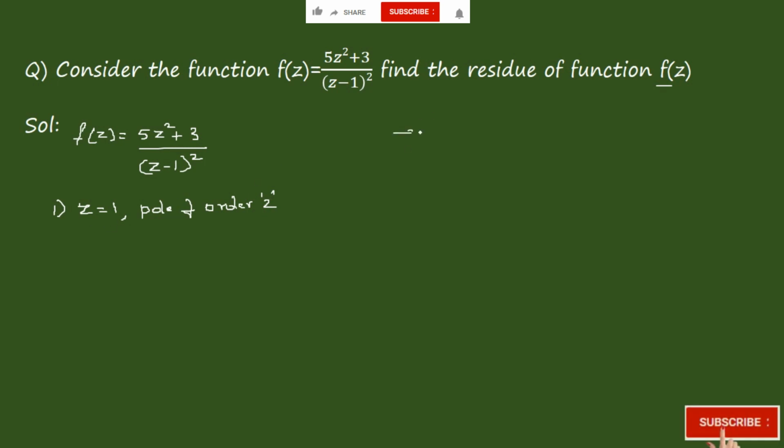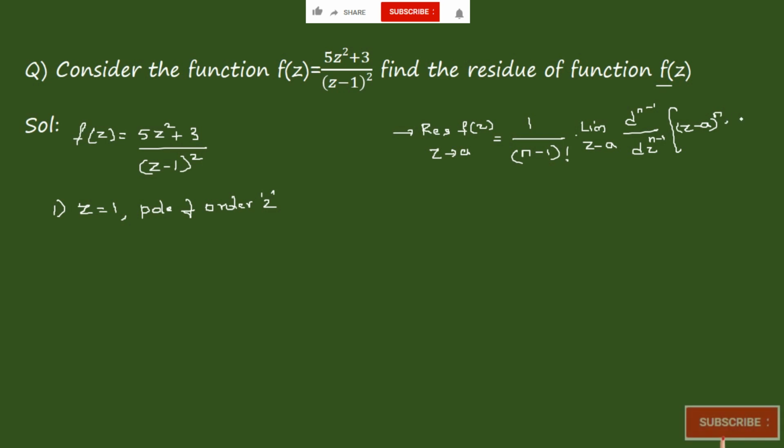The general formula we know for the residue of f(z) as z tends to a is given as 1 by (n minus 1) factorial times the limit as z tends to a of d by dz, (n minus 1) times differentiation, of (z minus a) whole power n times f(z).